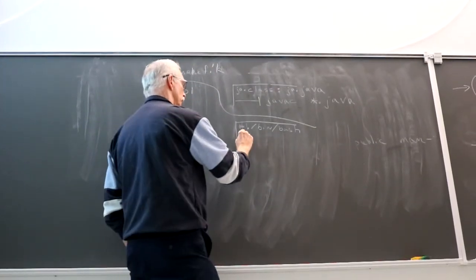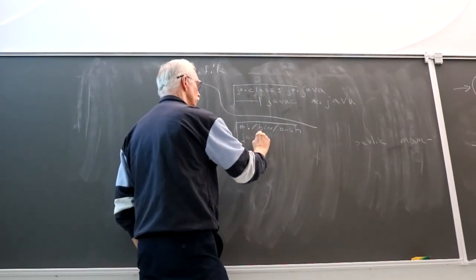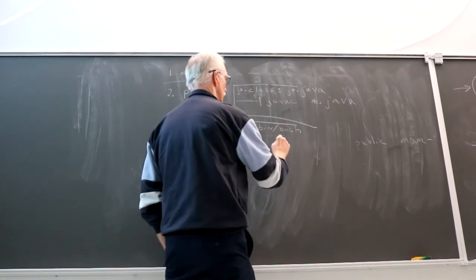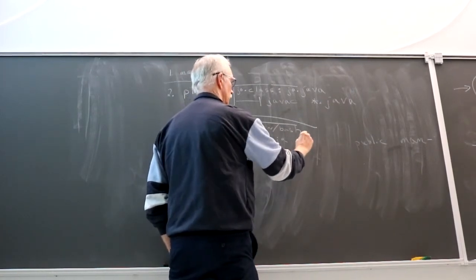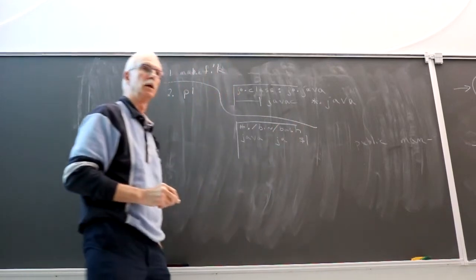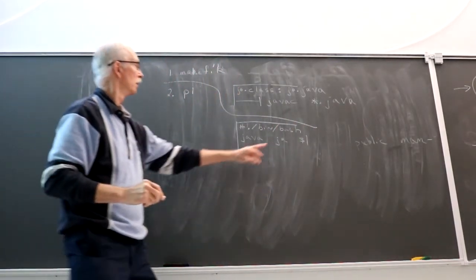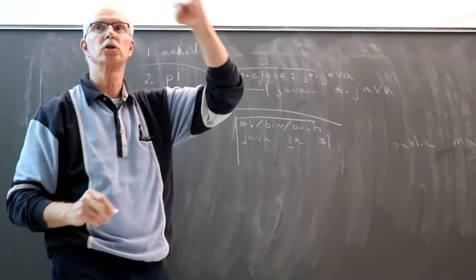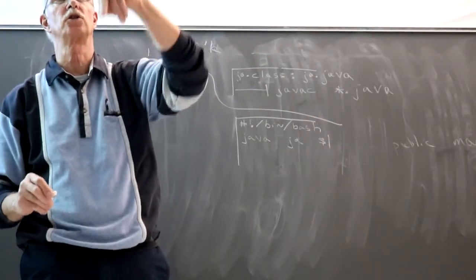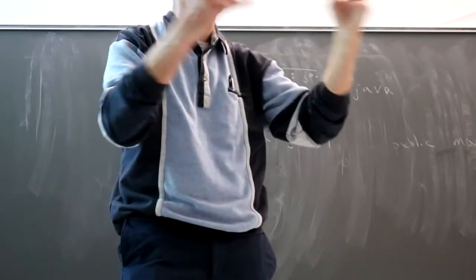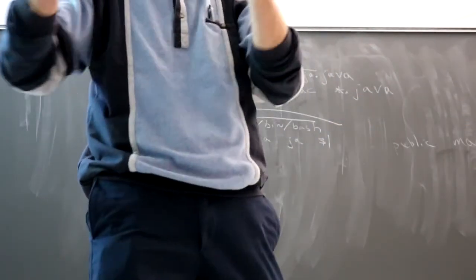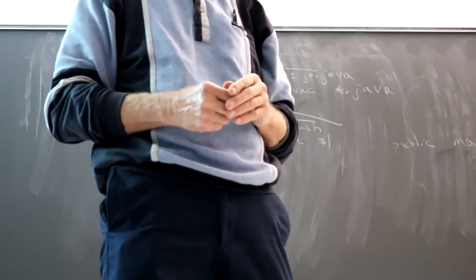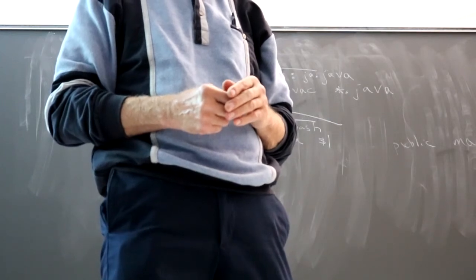We write in it java, JA, $1. This JA is the JA.java you created for your project. All of those names must be consistent.